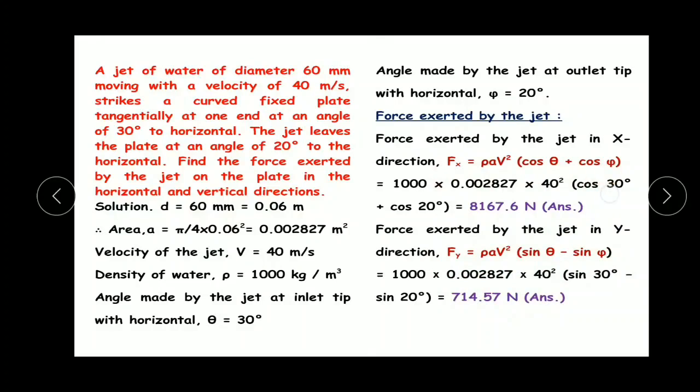And in case of Fx, suppose both angles are 30 degrees, cos 30 plus cos 30, we put whatever the value is, and that much is the force exerted in the x direction. But in the symmetrical case, the force exerted in the y direction is always 0. I hope you understood clearly.